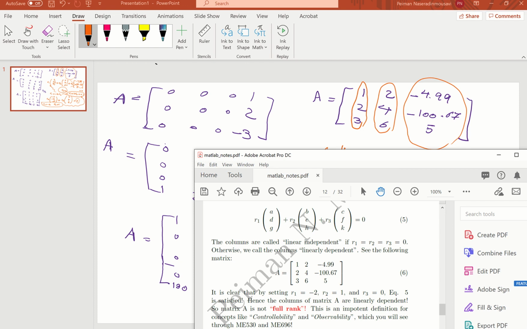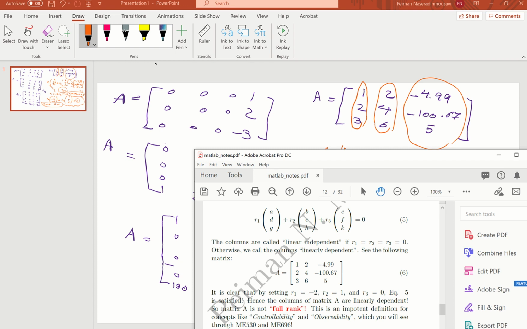So you have to check the controllability of a given system. To do that, you have to examine the rank of the controllability matrix, which you will hear about later.